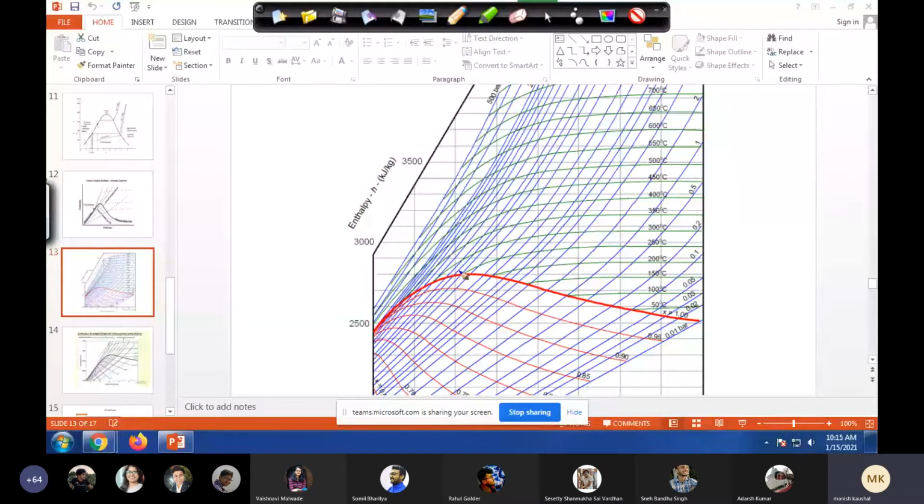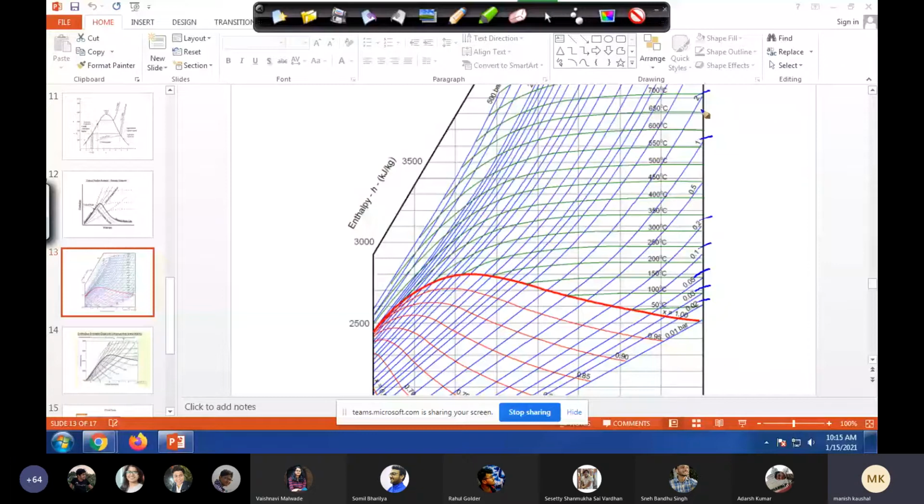Of course, this red line is the phase change line, as you can see, and the blue lines are constant pressure lines: 0.2 bar, 0.3 bar, 0.03 bar, 0.05 bar, and so on. So that we can create. Why?